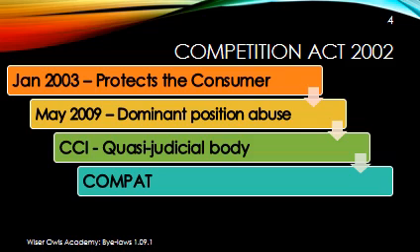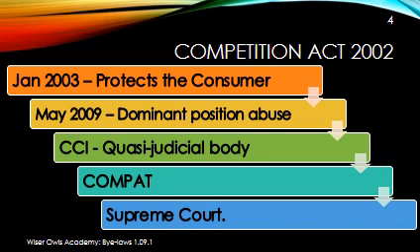So it's the body that is available for redressal of any appeals against the ruling of CCI. And what is interesting is that the rulings of the COMPAT can only be challenged in the Supreme Court. So this act has done away with a lot of litigation where it would take many years to come to a fair application of justice.